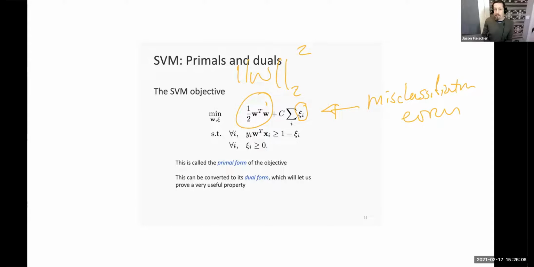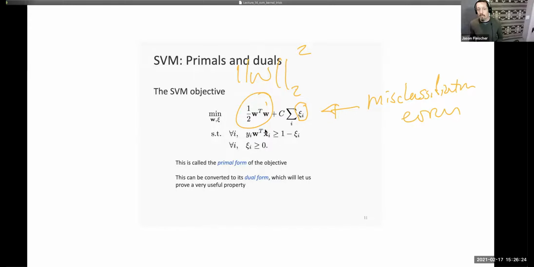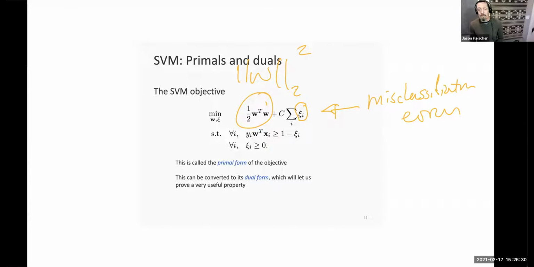The way various numerical solvers actually solve an SVM loss function is not this way, because this way is just as slow as everything else. You have to explicitly do this solution in the number of dimensions that are here. There's a very useful property of this math, that it can be converted using something called a Lagrangian into a second, or dual, form of the same problem.